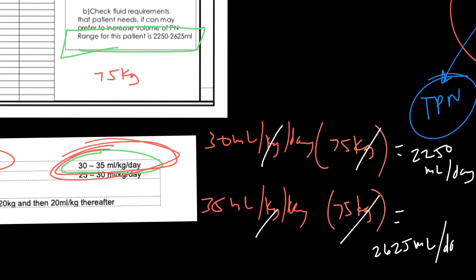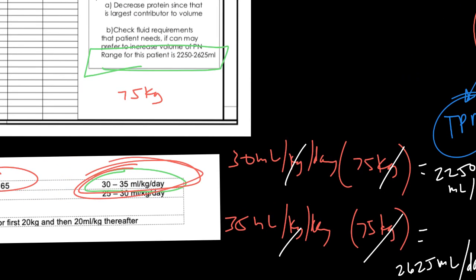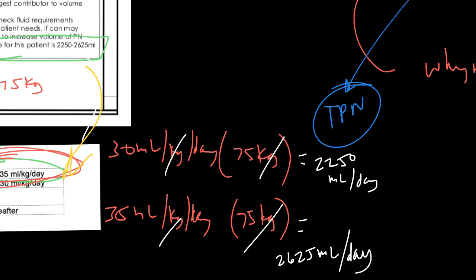So that's how much fluid max you should be giving a patient based on this chart, age range, and the recommended volume repletion or volume supplementation. You get these numbers by using this chart over here. These match these numbers, 2250 and 2625. Okay, that's that for that.